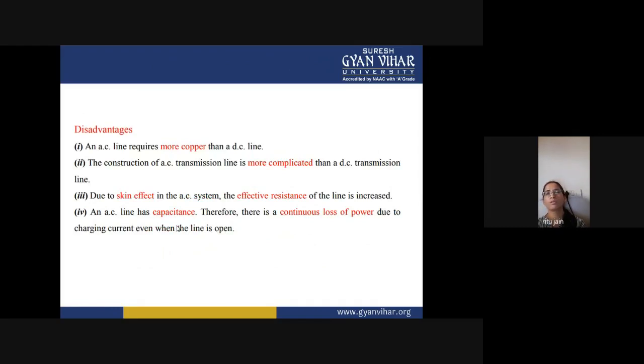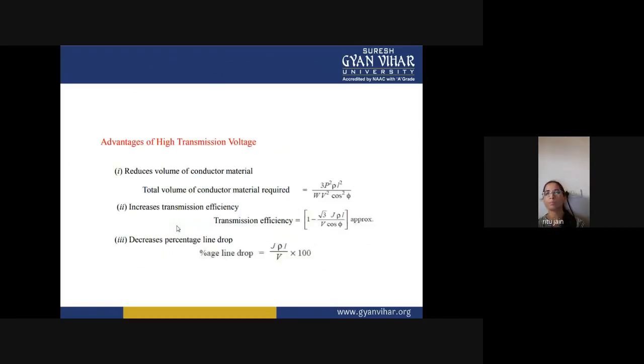The construction of an AC transmission line is more complicated than a DC line. Due to skin effect in the AC system, the effective resistance of the line is increased, and an AC line has capacitance. Therefore, there is a continuous loss of power due to charging current even when the line is open.